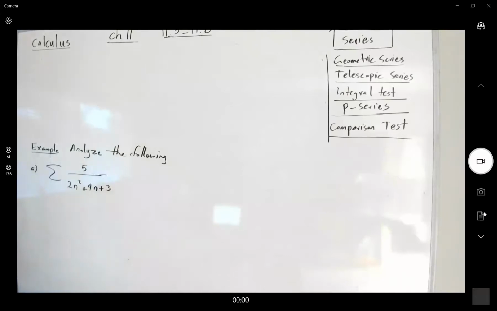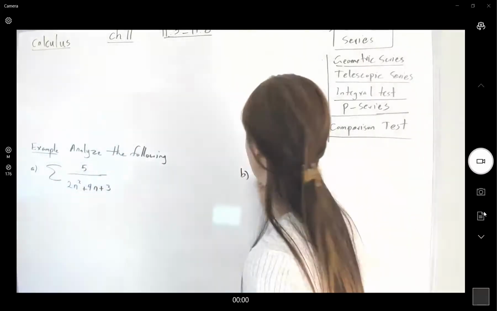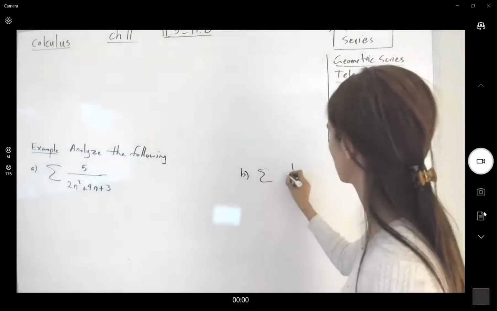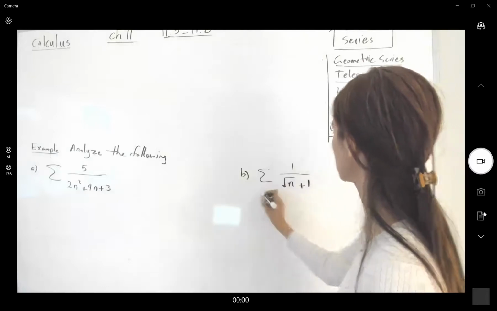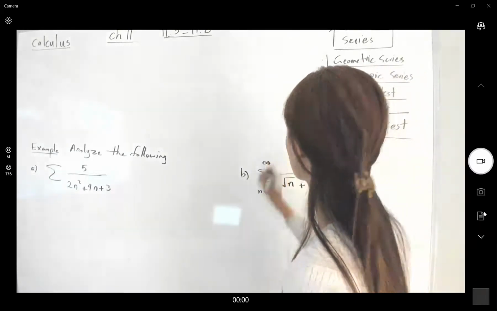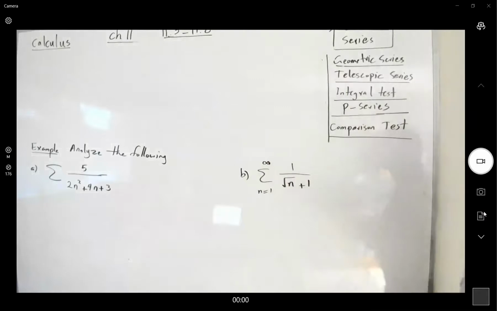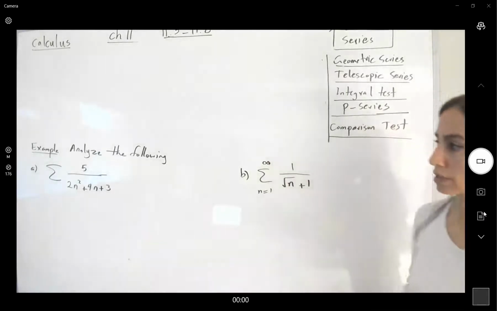And another one, B, the series 1 over square root of n plus 1, n starts from 1, goes to infinity. Suppose I ask you to analyze these two series.